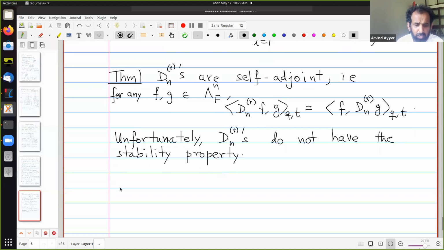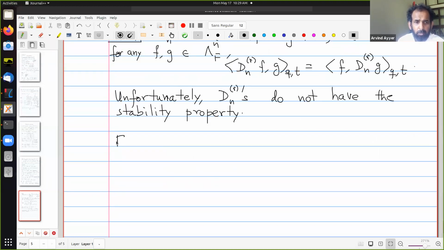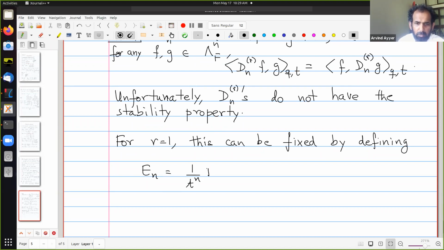But for r equals 1, this can be fixed by defining these new operators E_n to be 1 over t to the n times D_n^1, which I showed you explicitly, minus the sum i equals 1 to n of t to the minus i.